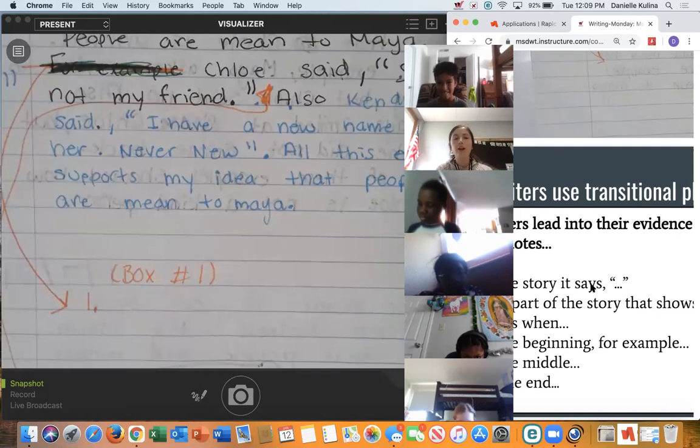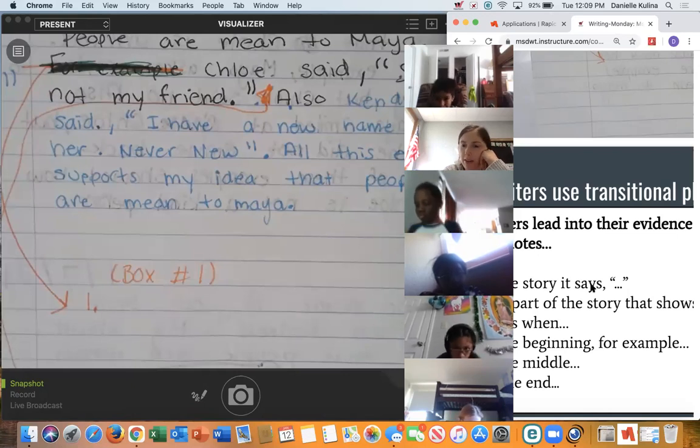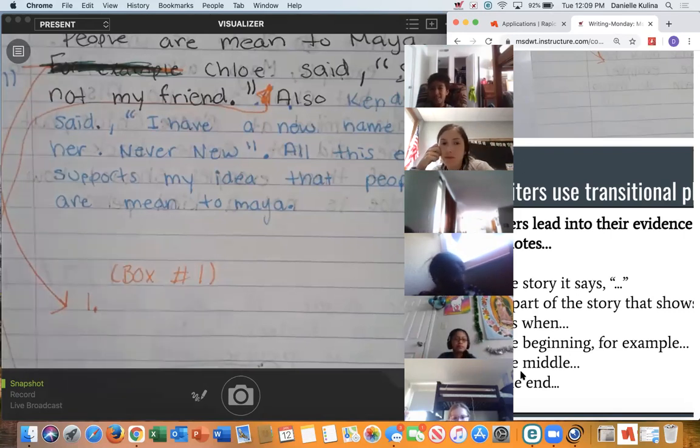Okay, good. Does anyone else have another example that they replaced, for example, with? Does anyone else have another one? I also had another idea, but I didn't use it. What's your other idea? My other idea was in the story, Chloe said, no, you can't play.